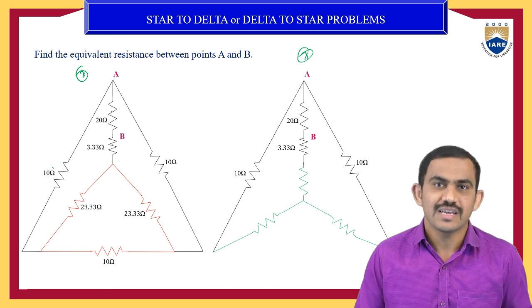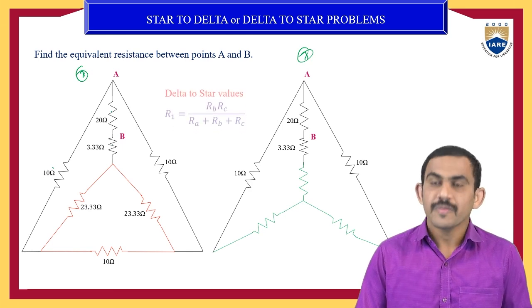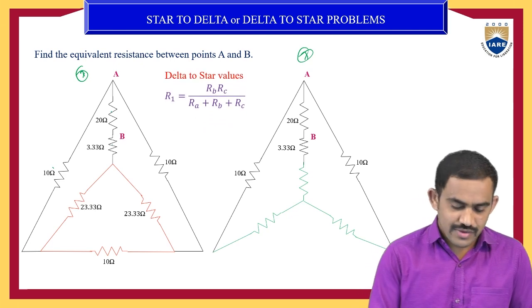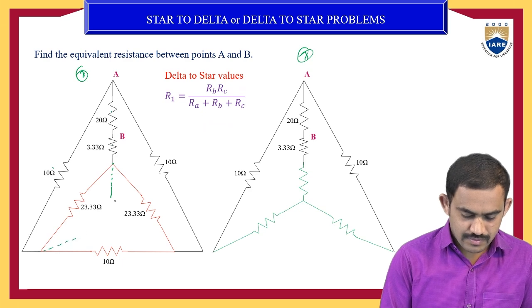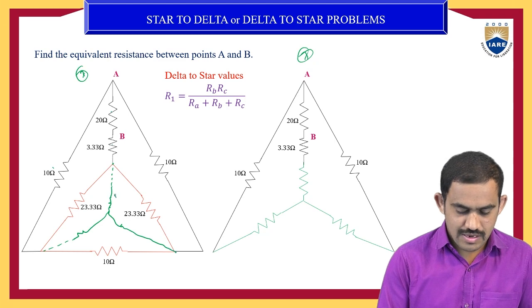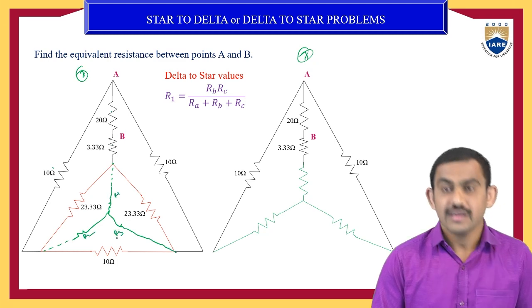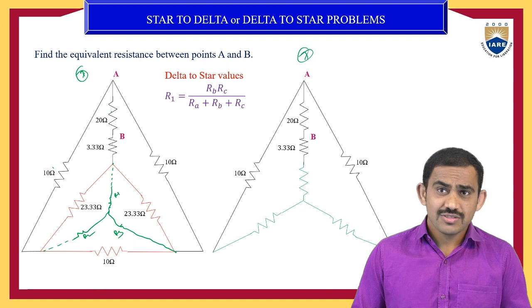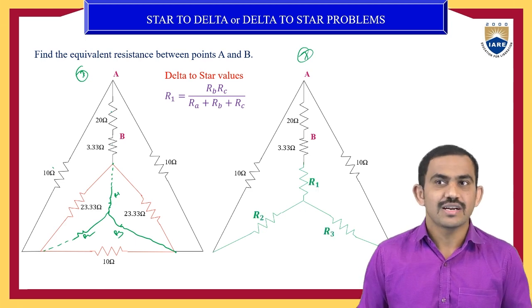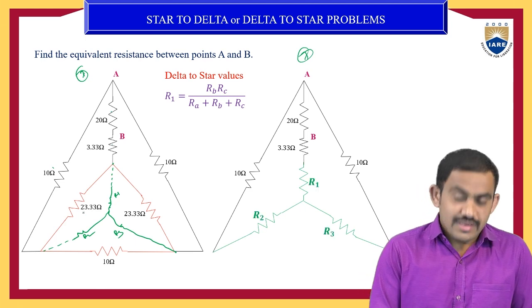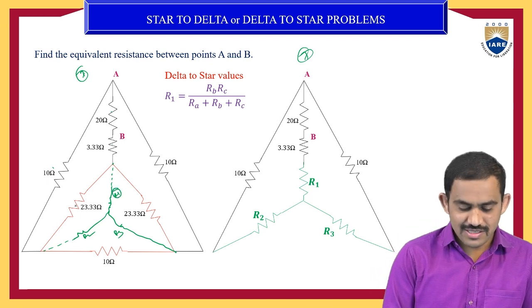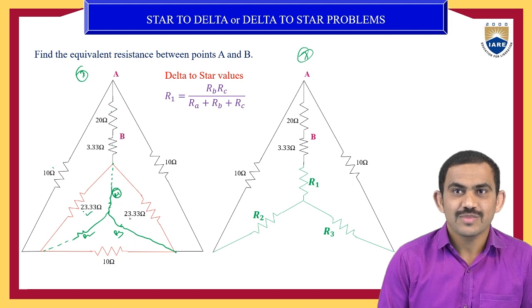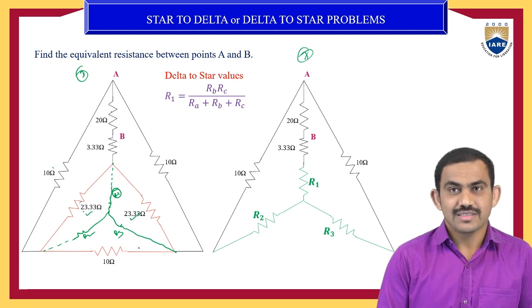Again, we have the formula for that. Yes, we have the formula. Same formula. When we have delta to star, R1, R2, R3, okay, delta to star, RA, RB, RC, here R1, R2, R3. Now I give one logic for how to find it out. If you want the R1 value, that is 23.33 into 23.33 by total resistance.